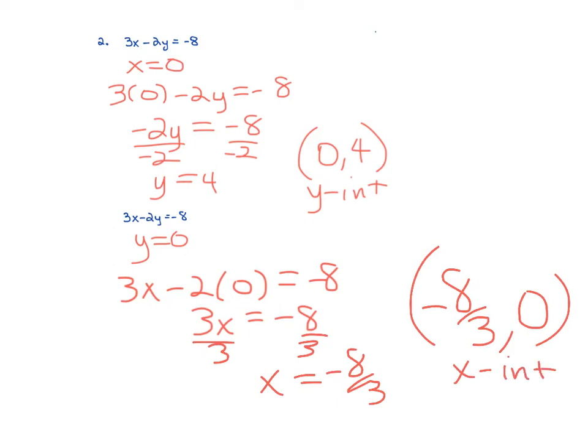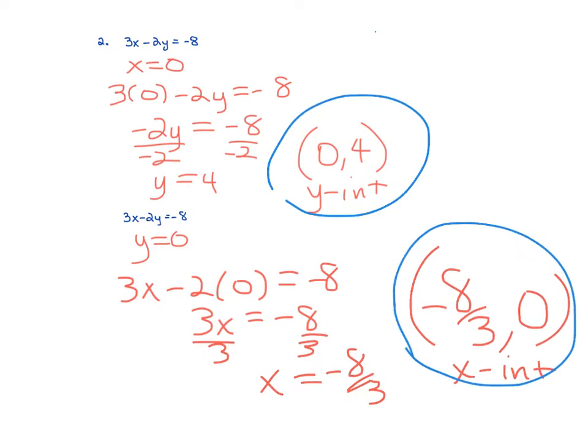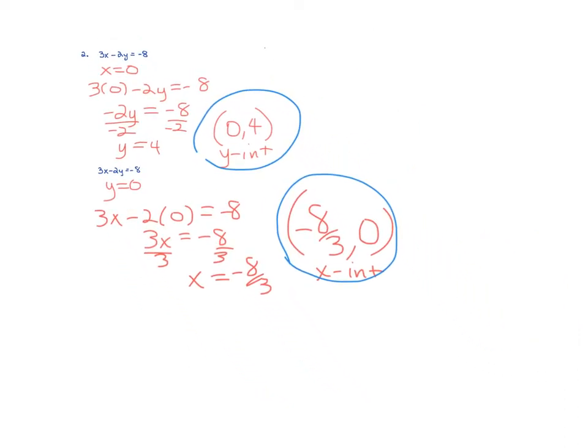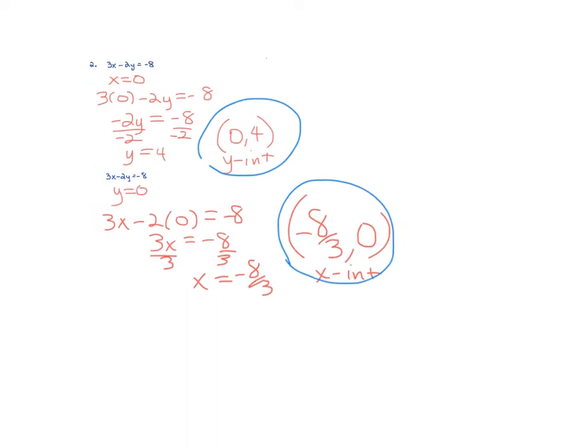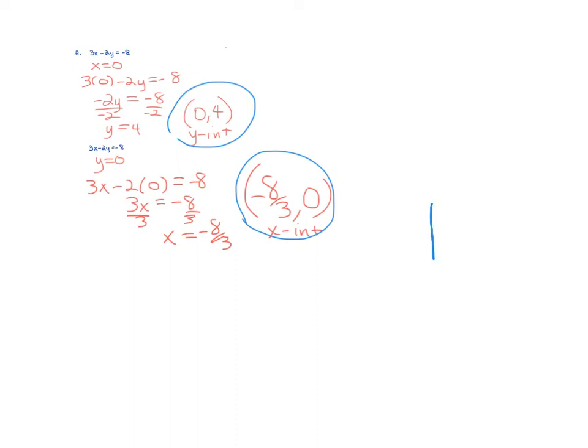Now, if it said to graph the line using intercepts, I'm going to take these points and graph them, and then get out a straight edge like a ruler, or you could use your ID to connect the points. So let's go ahead and try and graph this line. I would make my axes here.